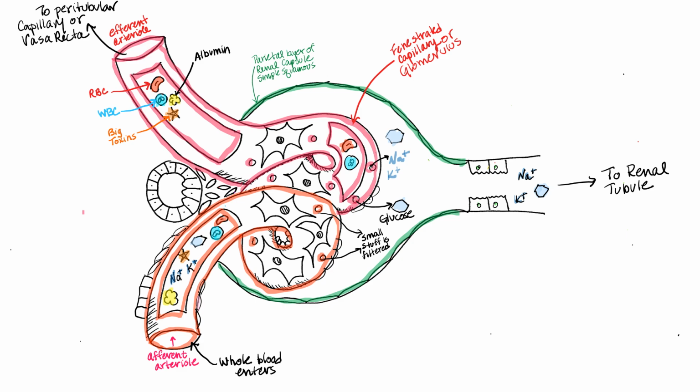Now, you want me to draw the green line from that parietal layer all around the glomerulus, right? Well, it doesn't actually work like that. The visceral layer of the renal capsule is a specialized layer of cells called podocytes. Podo means foot.